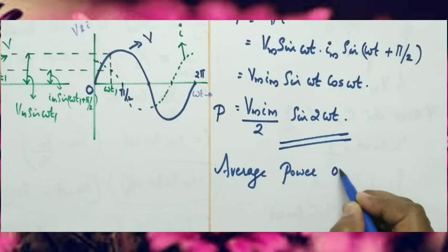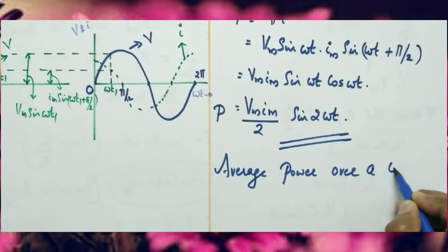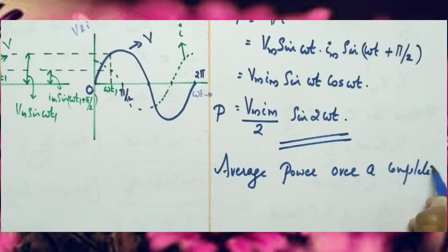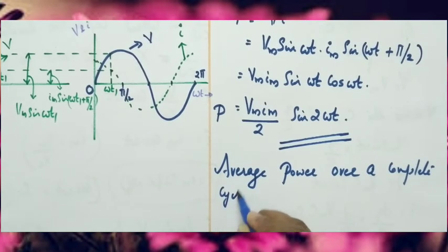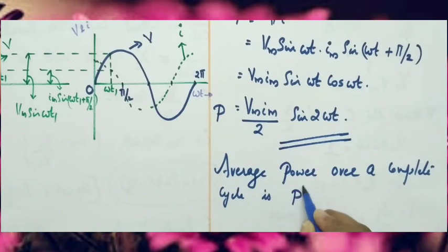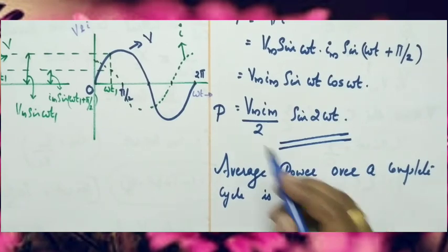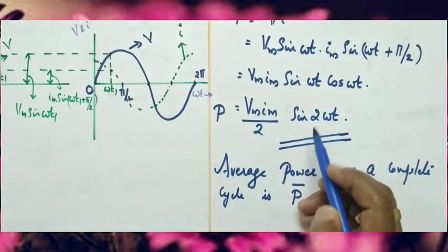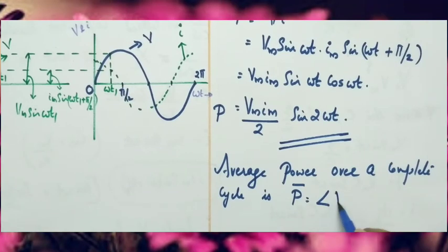Now we can derive the formula for average power over a complete cycle, P average. How will you find the average power? We have to take the average of the instantaneous power. So take the average of Vm Im divided by 2 sin 2 omega t.